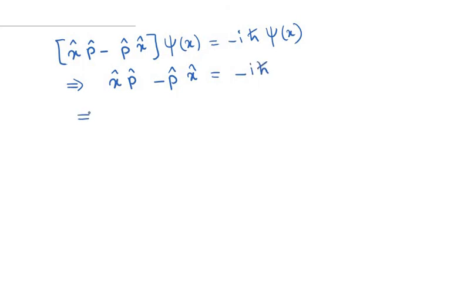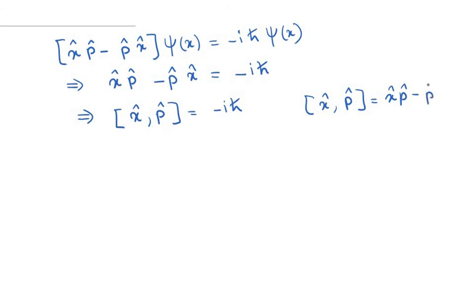So how do we express it in a mathematical language? It is the bracket of x operator comma p operator is equal to minus I h bar, and so this expression is basically equal to x operator p operator minus p operator x operator. Now what does this signify? Why is this result important?